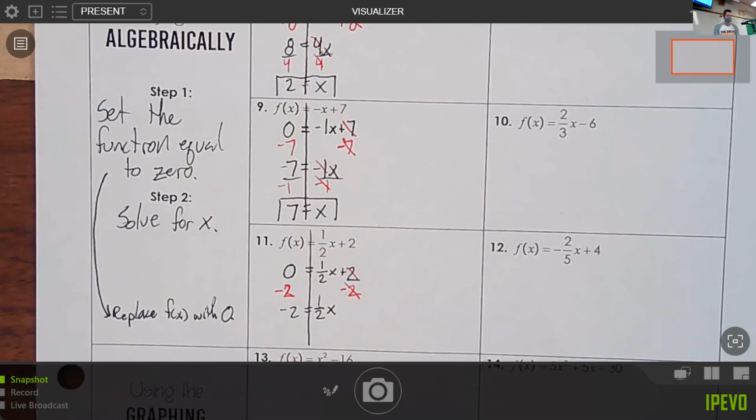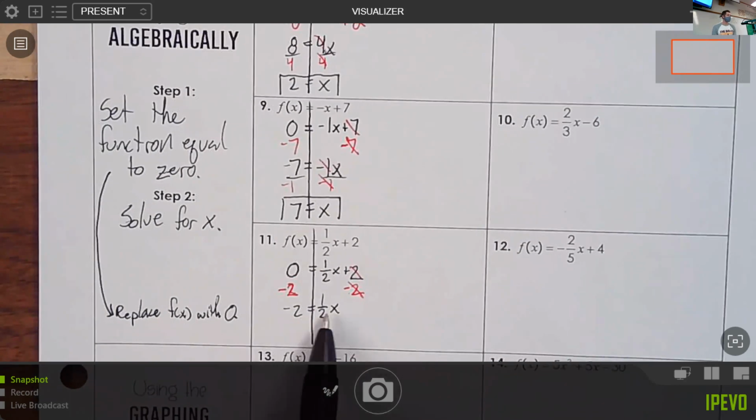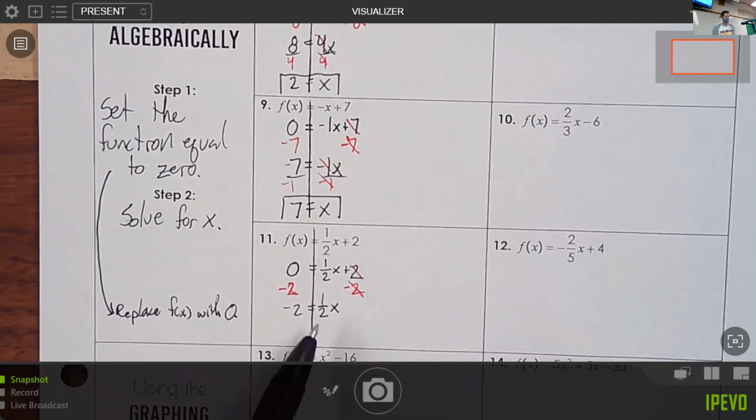Now, we saw an example of this yesterday when we finished up our notes. When you have a fraction that is multiplying by a variable, we can get rid of that fraction in one step. What is that one step? Multiply both sides by the reciprocal of this fraction. Reciprocal is just a fancy way of saying flip it over.